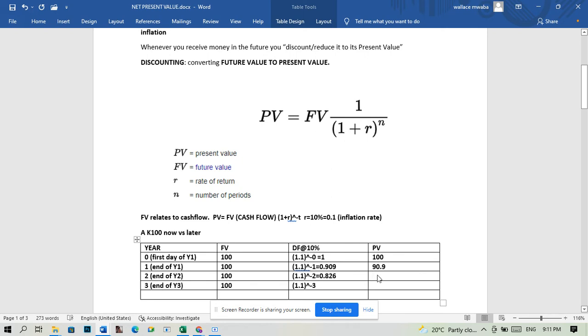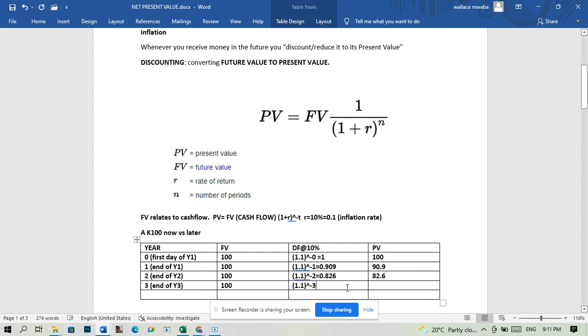It should be 82.6. So 2 years later, that 100 kwacha, if we convert it to its present value now, is going to be worth 82.6 kwacha.